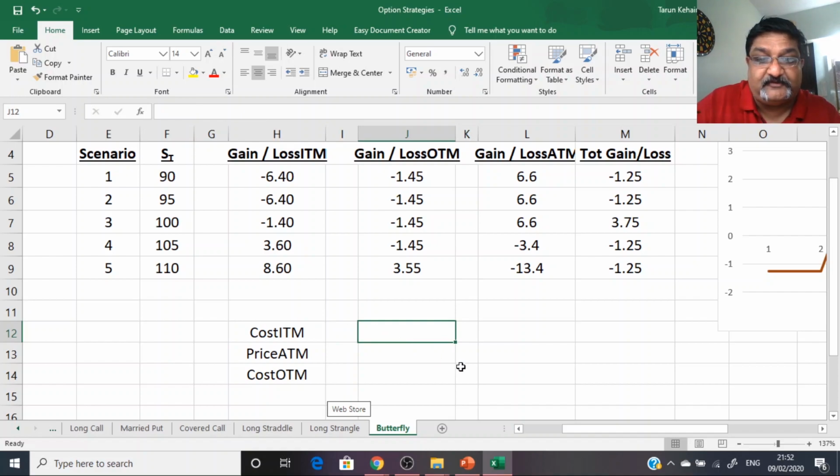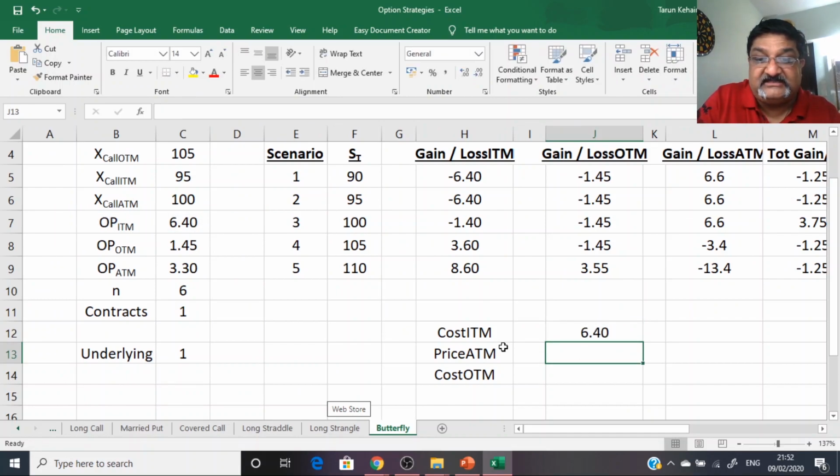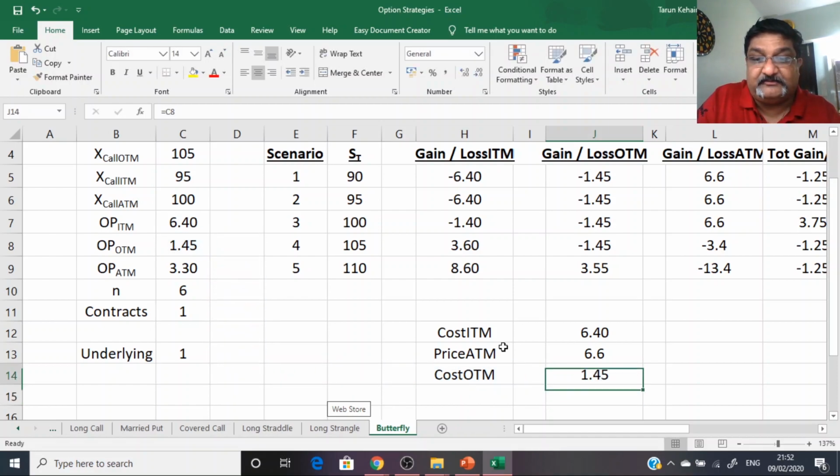Your cost for the in the money option is 6.4, most expensive. The price of the at the money option, which you will receive, is 3.3, multiplied by 2 because you're selling 2, so you receive 6.6. And the cost of the out of the money option is what you will pay because you're buying, so 1.45.